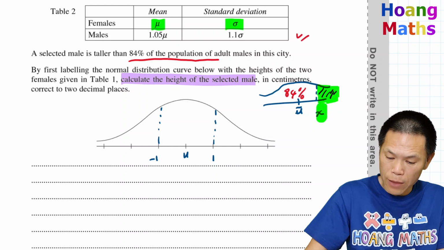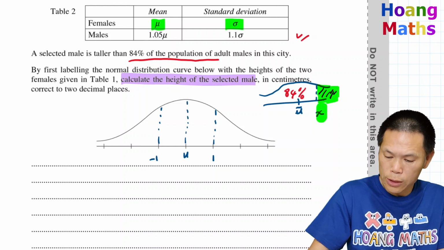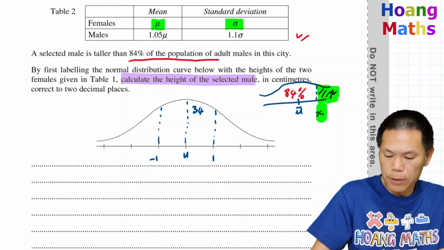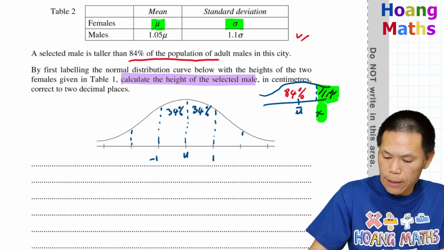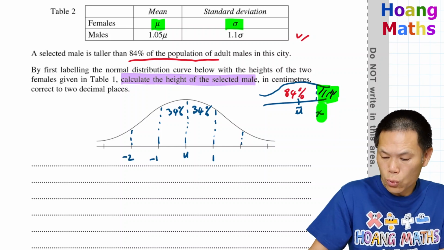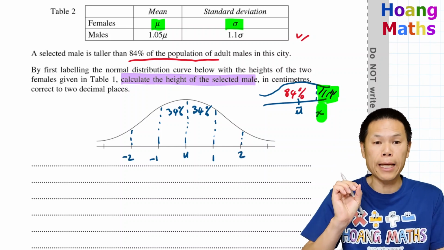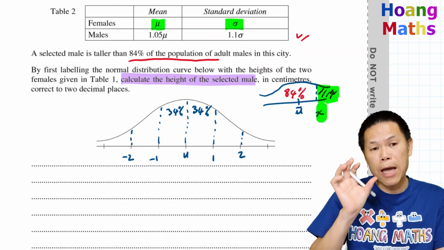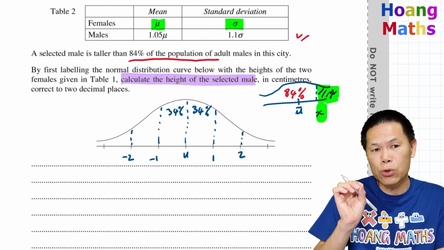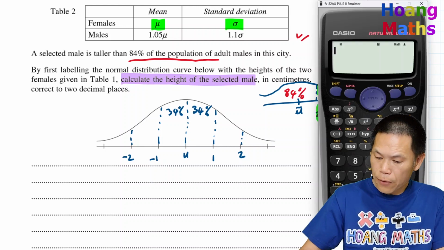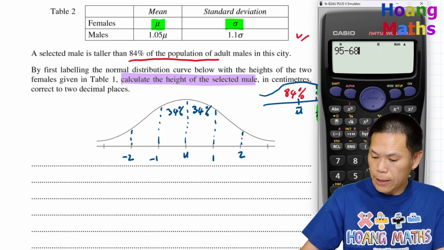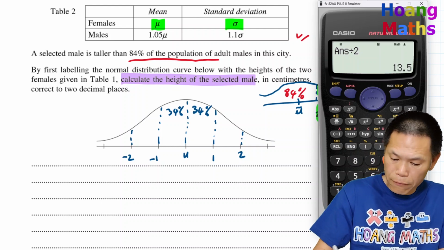So if I halve that, of course, this is 34% and this is 34%. And if Z is -2 and 2, that gives me 95%. So I just go 95 minus 68 and I divide by 2 because I need to work out the percentage on each strip. So there you go, 13.5.